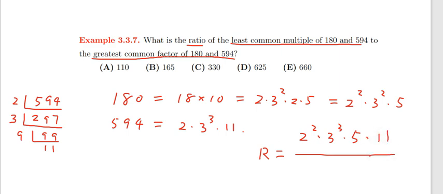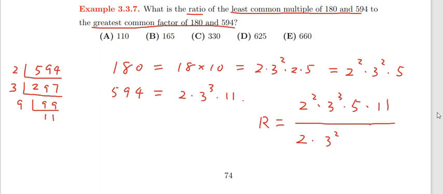We just pick the largest one. Then for the greatest common factor, we just pick the smaller one. So here it becomes 2, 3, 2. So 5, or no 5, so the smaller one is that. Okay, so this is the ratio.